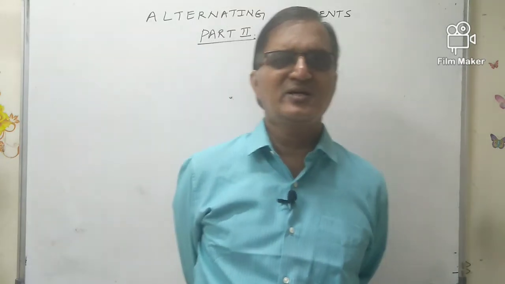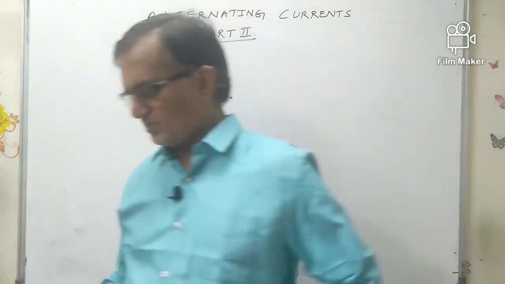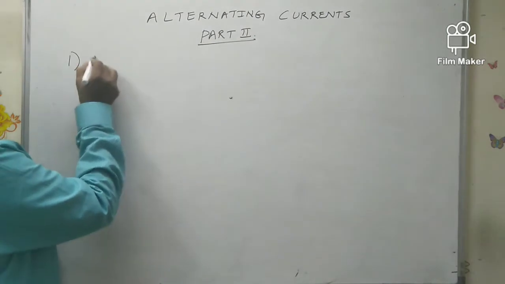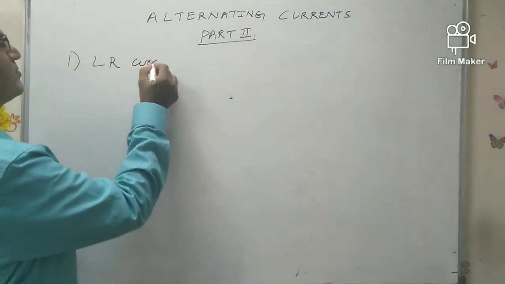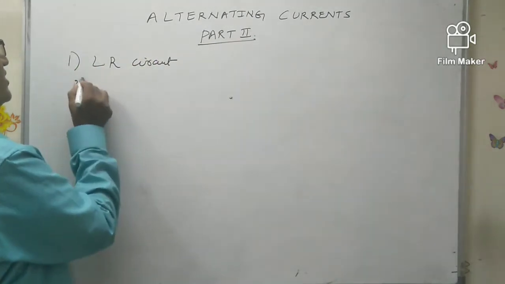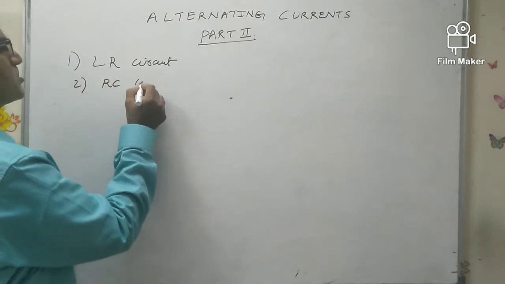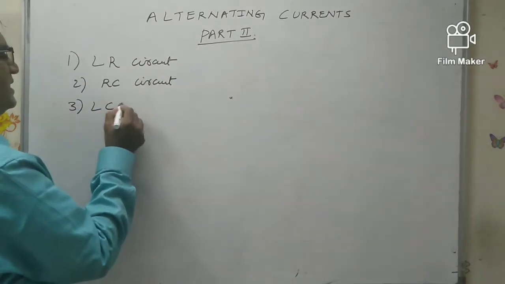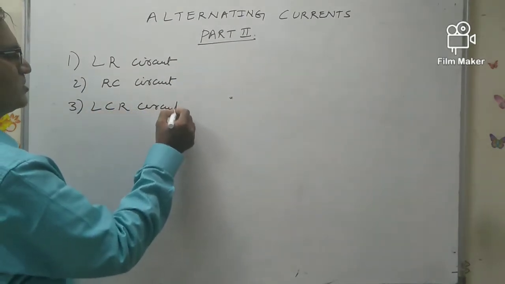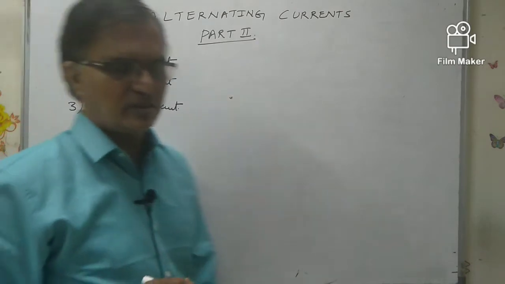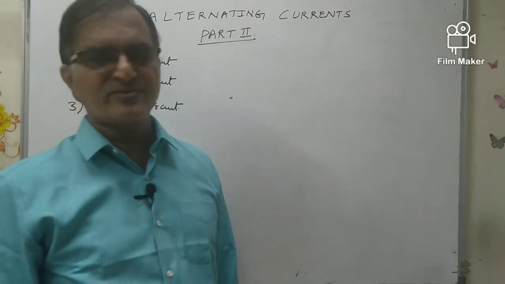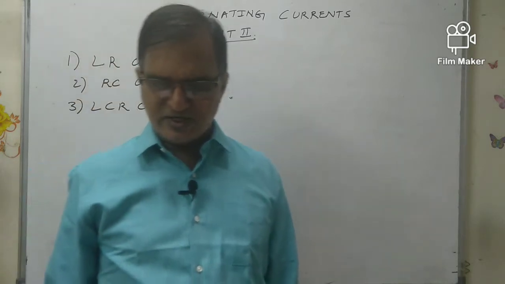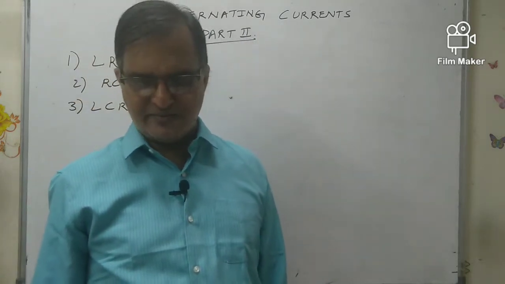That is, first the LR circuit, second the RC circuit, third the LCR circuit. In this we will discuss the phasor diagrams, and then impedance, total current, and the phase angle. All that we will discuss today.